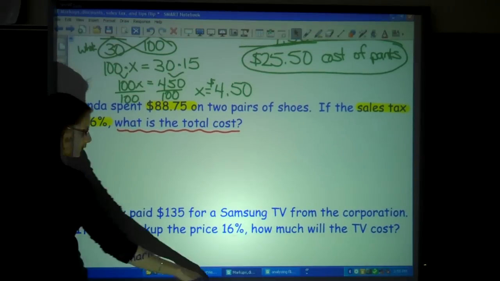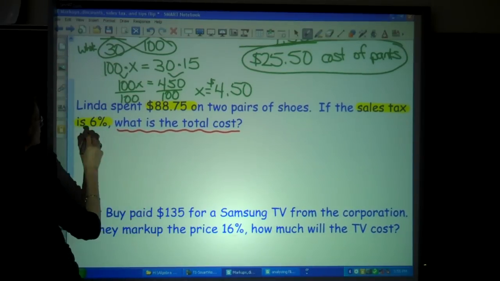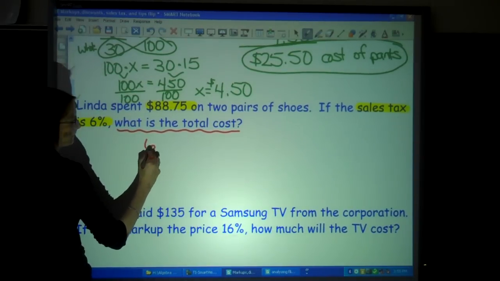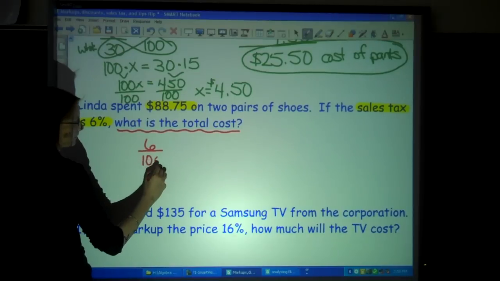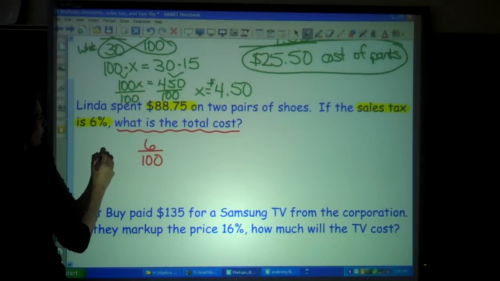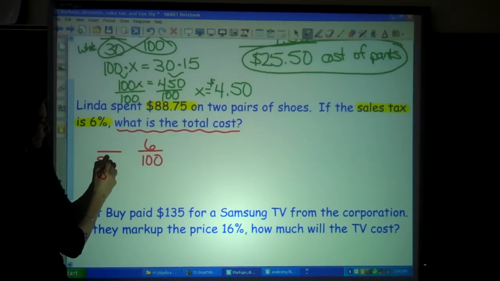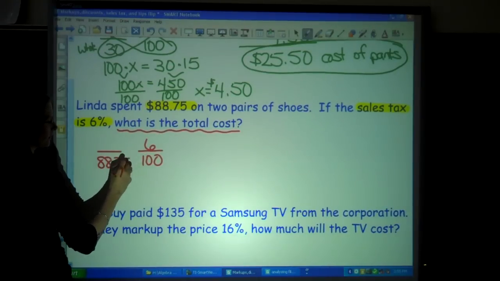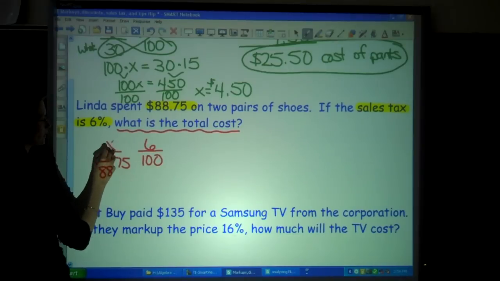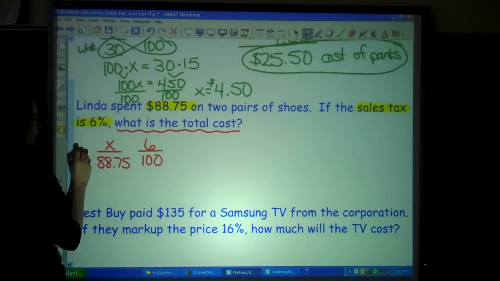So I'm going to set up my proportion. I know that she is getting 6% out of 100. And I know that the total, the whole cost, the whole 100% is $88.75, but I don't know what the 6% is. So I have my part over my whole.